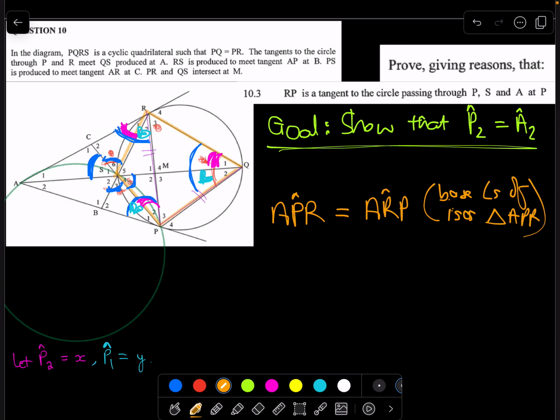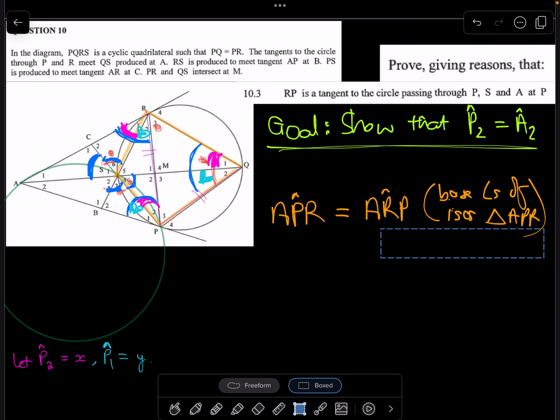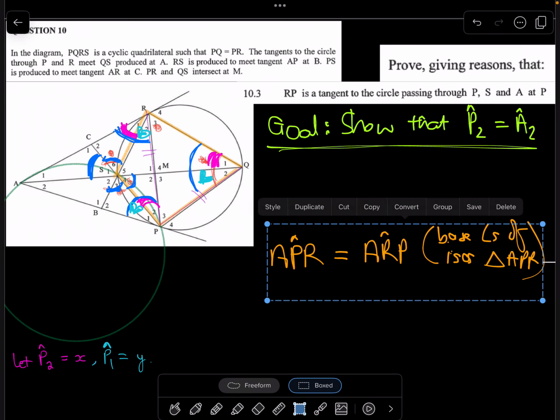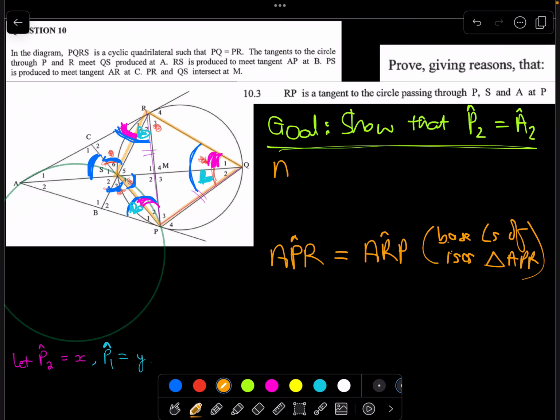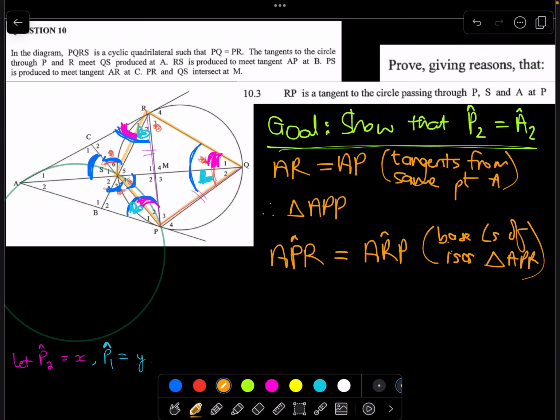So we'll start by saying the sides AR and AP are equal because tangents from same point A. So therefore triangle APR is isosceles. Okay, and then we can say that this and this are equal.